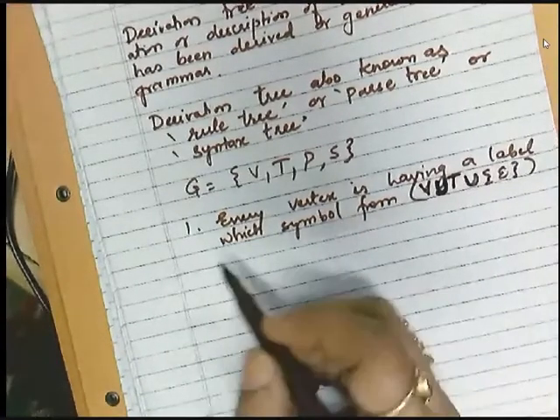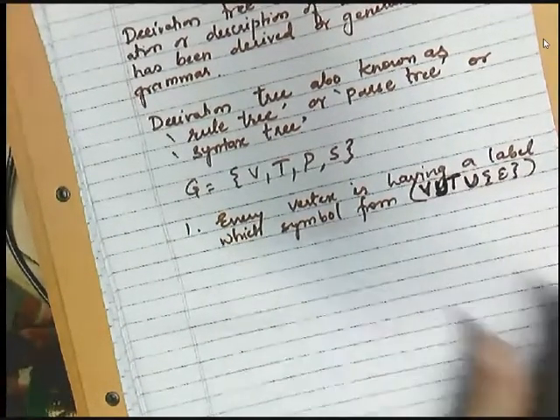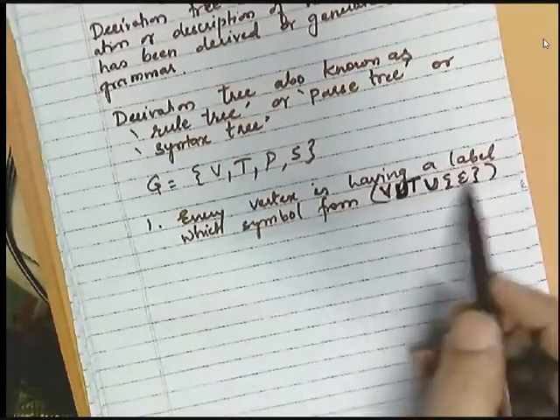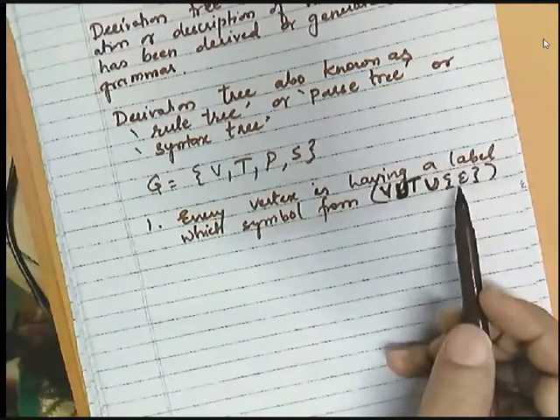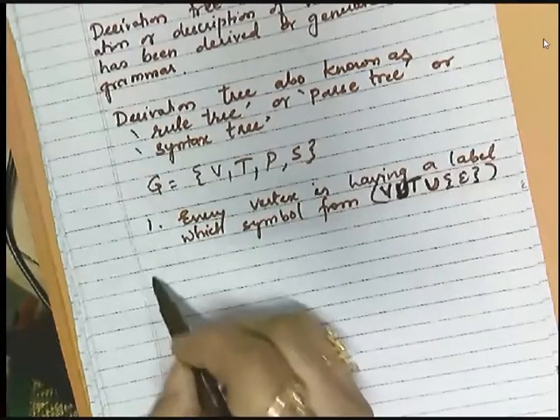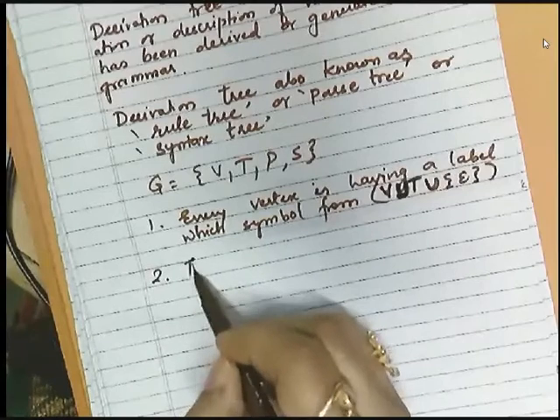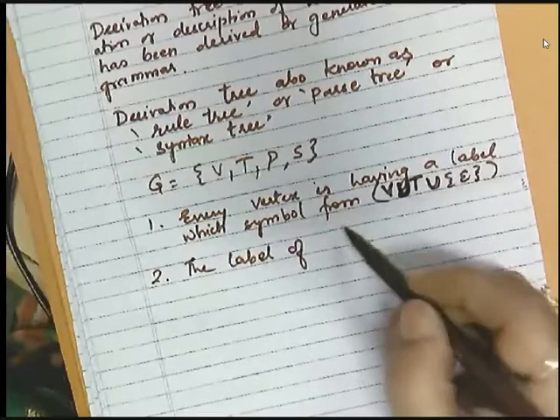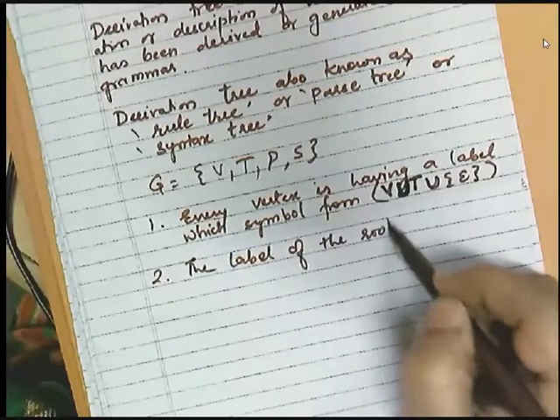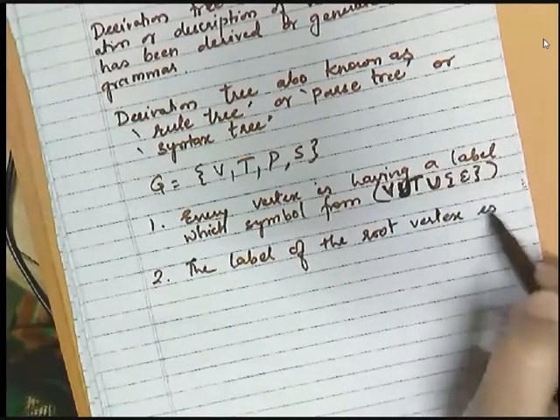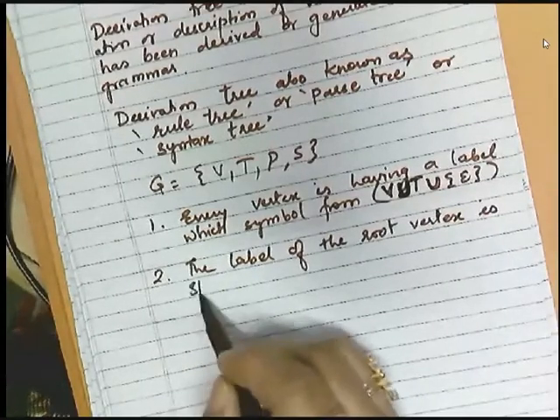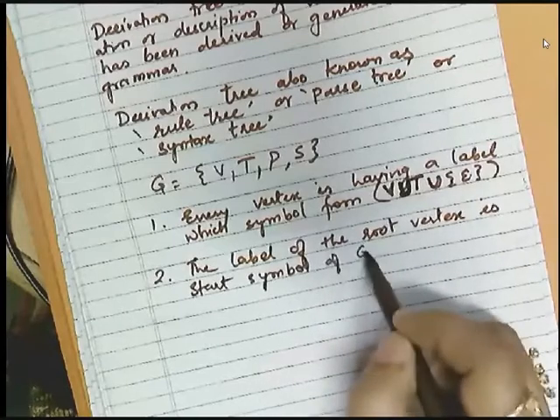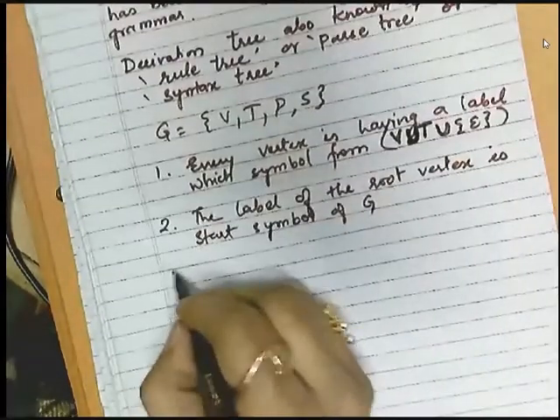So every tree has a number of nodes or vertices, and they have something out of this. Next, the label of the root vertex is the start symbol of G.